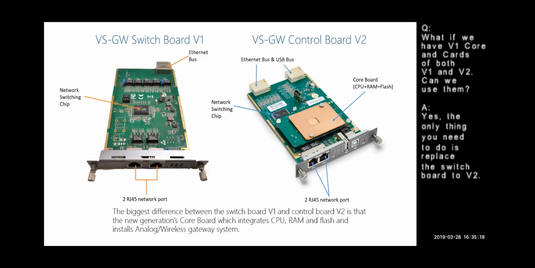What if we have a V1 core and cards of both V1 and V2? The only thing you need to do is replace the switchboard with the V2 core board. You need to change the board on slot 0.